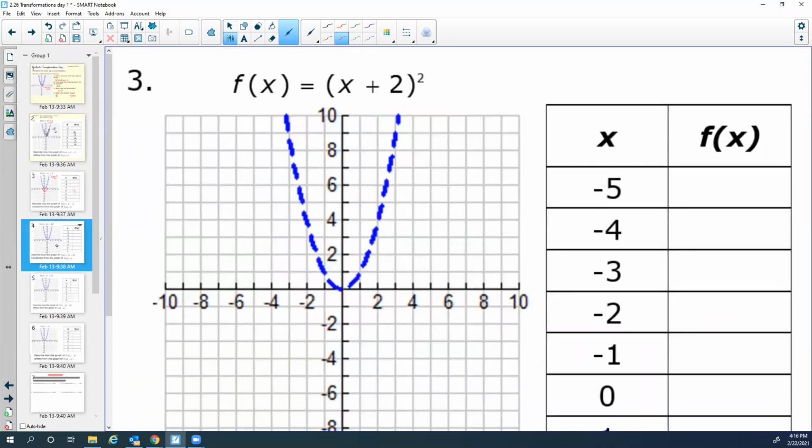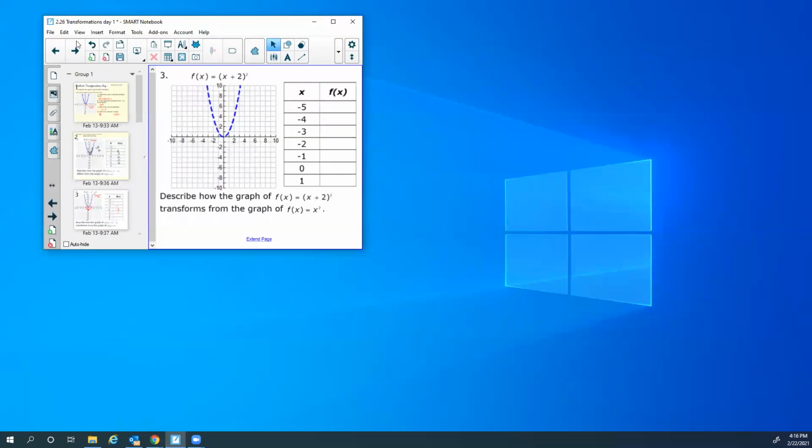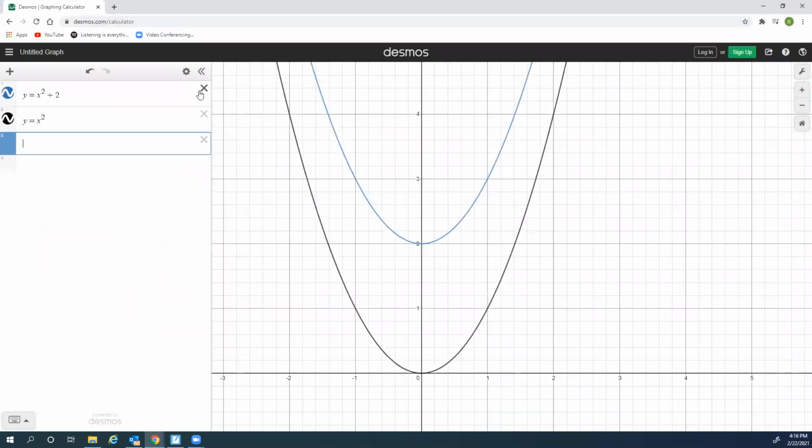All right, well, what about this time? I see parentheses this time. So what's going to happen this time? Well, let's go ahead and graph this to actually find out. Pulling my Desmos back up, I have parentheses x plus 2, parentheses squared.